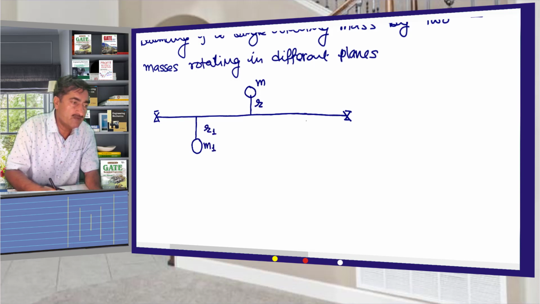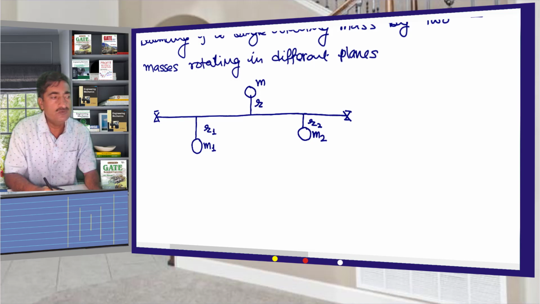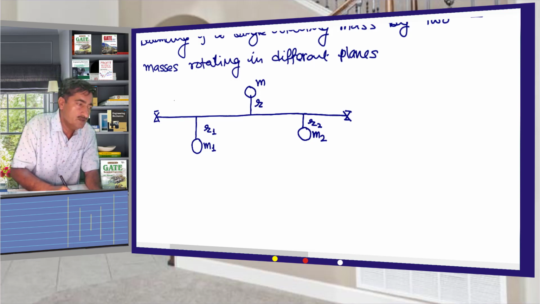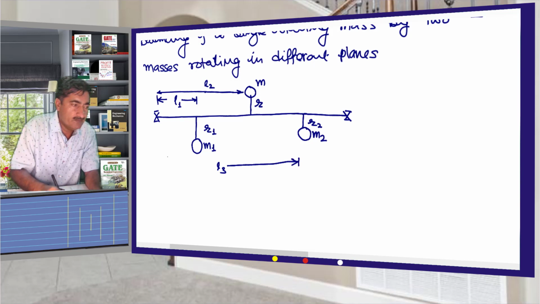This is radius R1. Second, M2, and this is R2. The distance, suppose this is L1, L2, and this is L3.